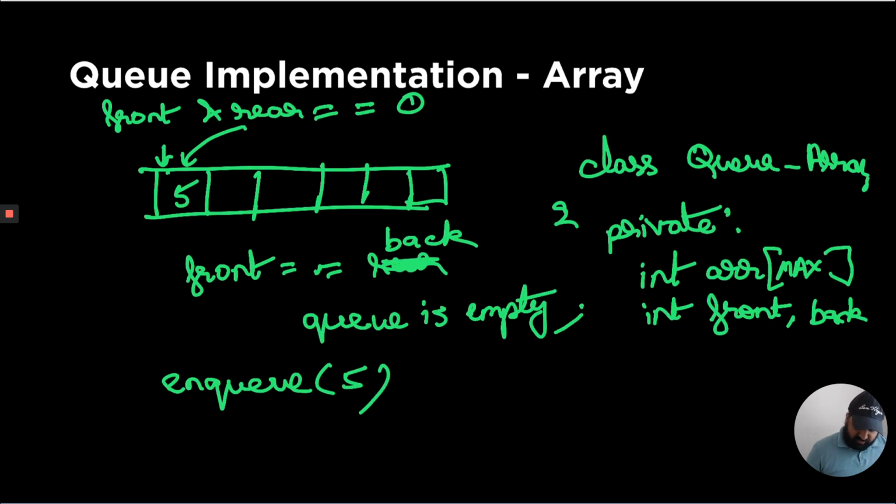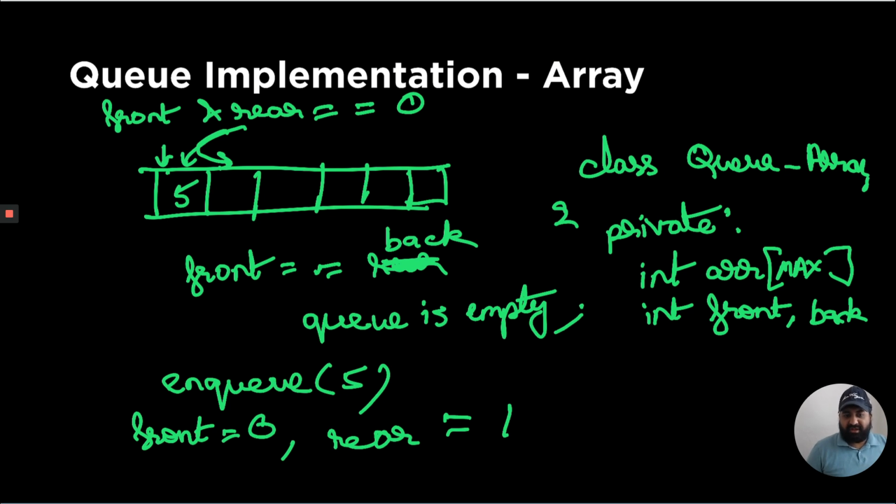So front still remains 0, but rear is updated to 1. Basically, the rear will always point to the next position where an element needs to be inserted. Currently it's not pointing to 5, but to the next position, and we need to maintain this gap because otherwise we will not know whether the queue is empty or not.